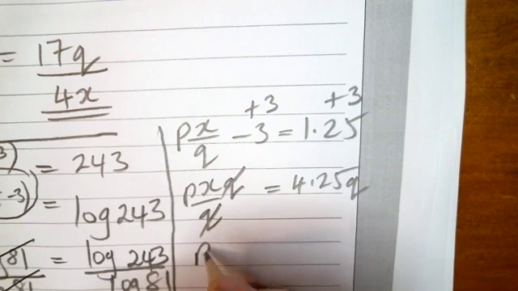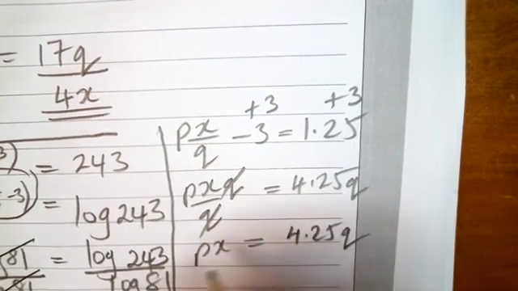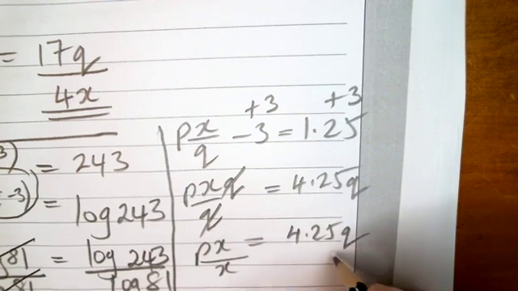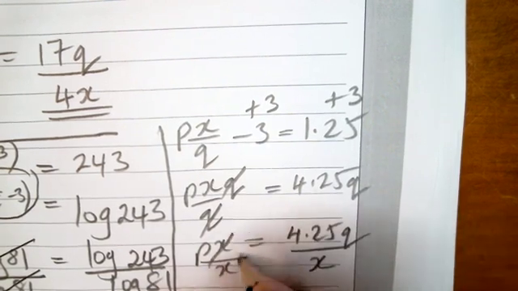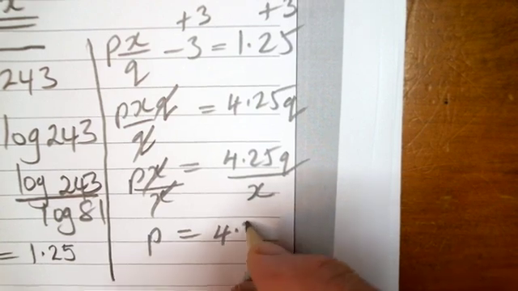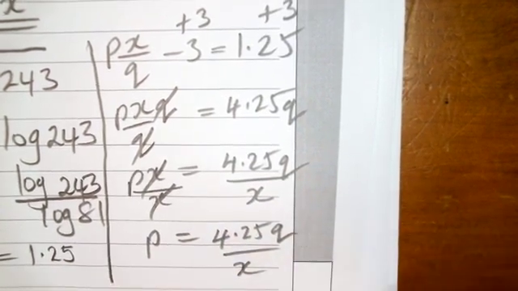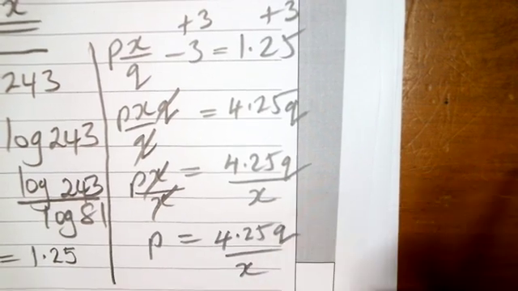So px is equal to 4.25q, and dividing both sides by x leaves me with p is equal to 4.25q over x.